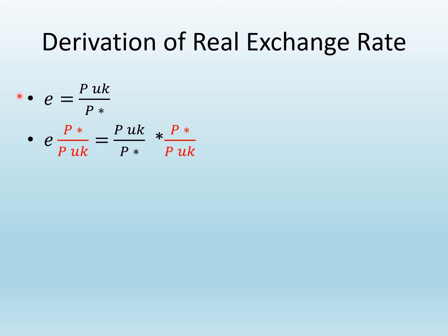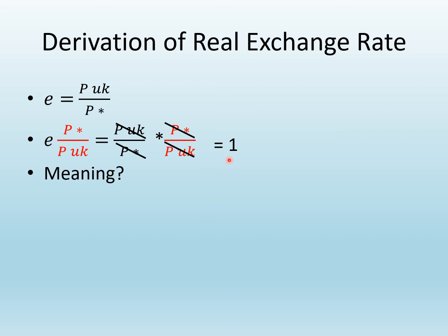On the right-hand side of the equation, the PUKs cancel, the P stars cancel, and you end up with a situation which is inviolate. In other words, the real exchange rate, which is this formulation here from the previous slide, is equal to 1.